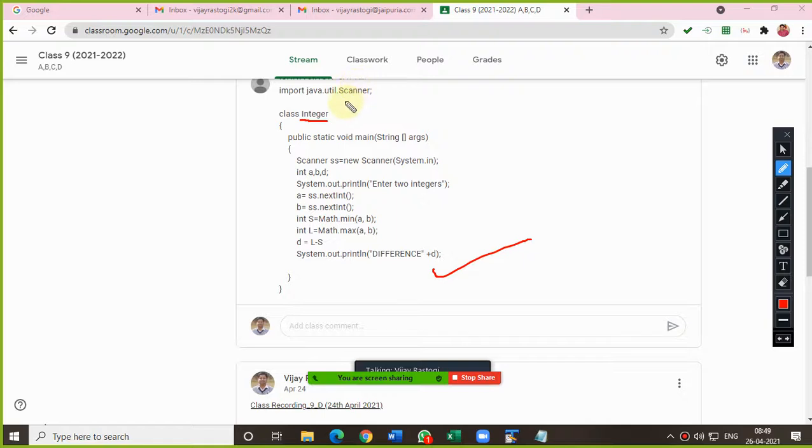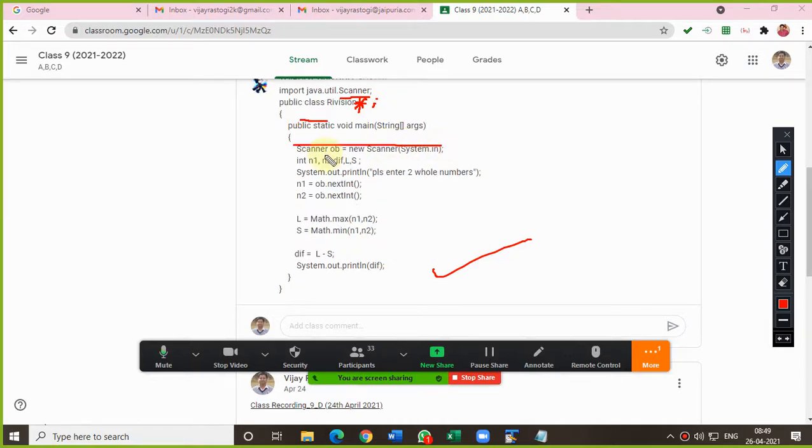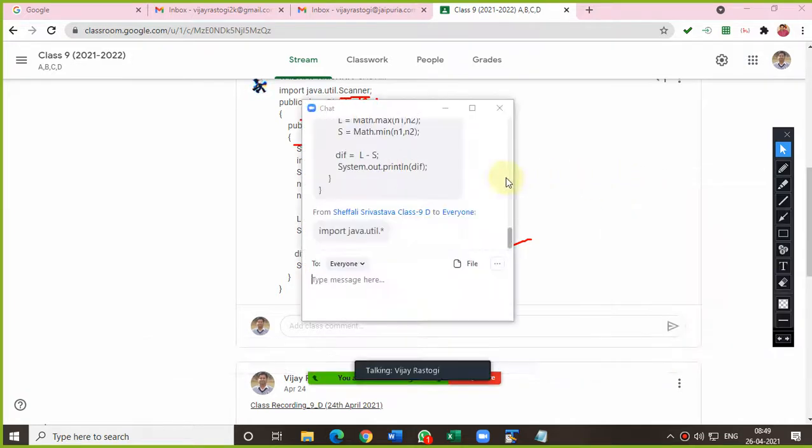Instead of Scanner, just write asterisk. After that, public static void main. Then input two numbers and find the maximum and the minimum. Then subtract largest minus smallest and print the difference. I hope this one is clear.